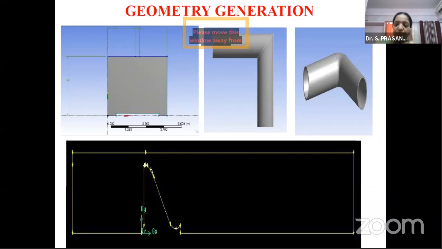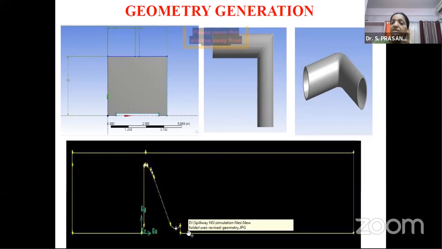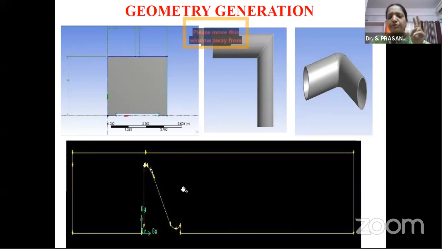That's the first way. The second way of creating your geometry is Gambit. The second spillway figure is done in Gambit, which is not used right now. Earlier, before 2011 or 2012, it was in use because it is a very comfortable tool for creating geometry.